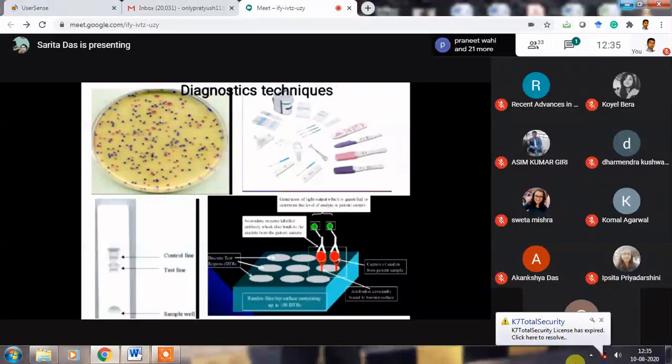There are many different types of diagnostic kits available, which are very accurate and also rapid, like diagnosis kits for malaria or salmonella infection.